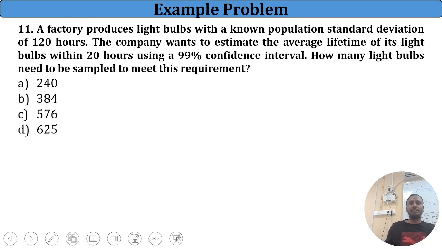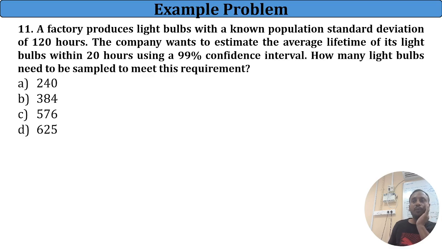So now the next we have. A factory produces light bulbs with a known population standard deviation. How much do we have? 120 hours. The company wants to estimate the average lifetime of its light bulbs within 20 hours.